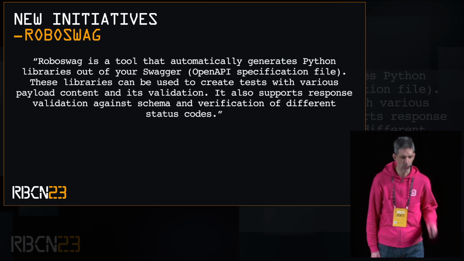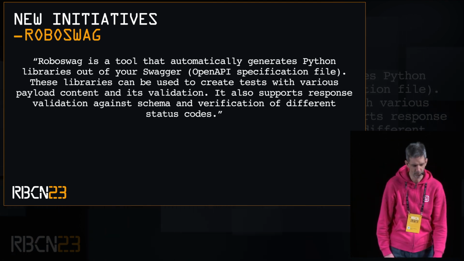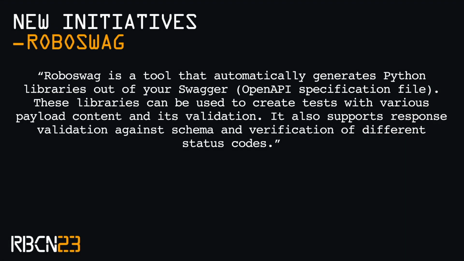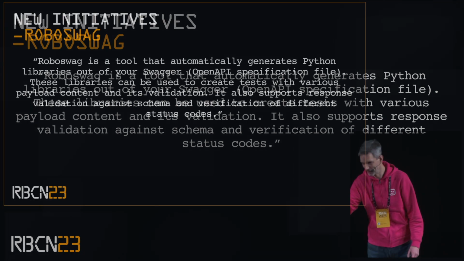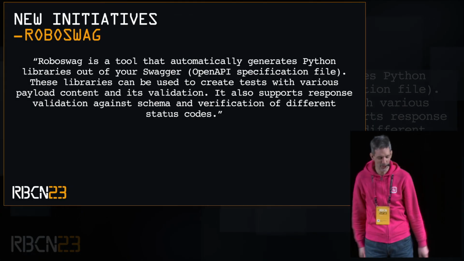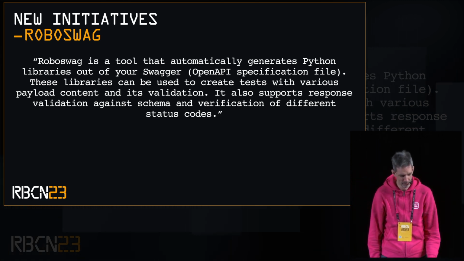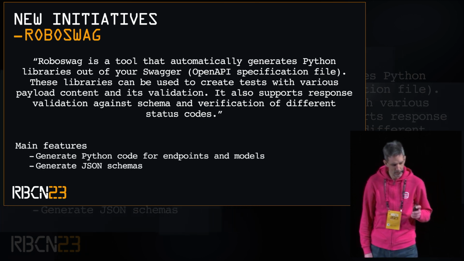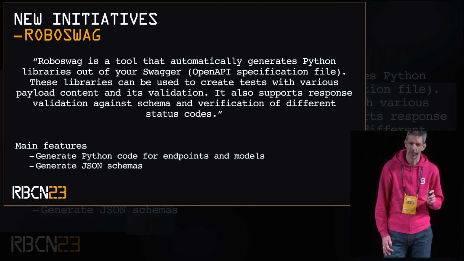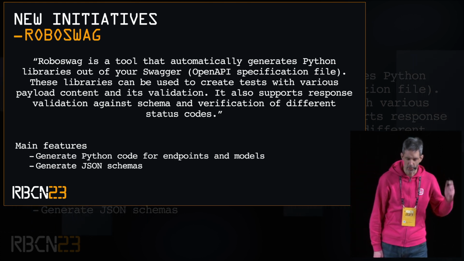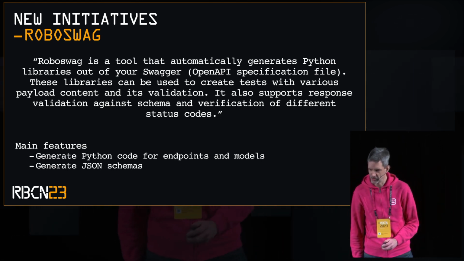Now I want to mention RoboSwag. It's in alpha status yet. The guys doing this, Mateusz and Bartolomeus, are quite busy with other tools, like Tidy, so they're doing very valuable work for the community. This generates Python code classes for endpoints and models, and also generates JSON schemas.